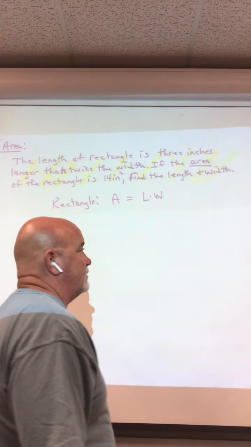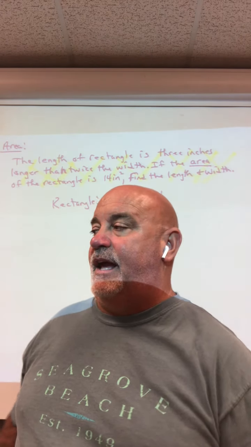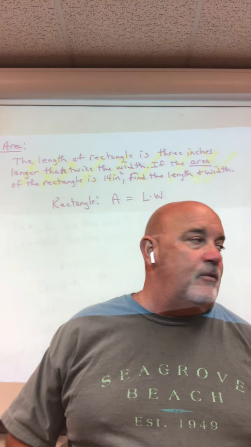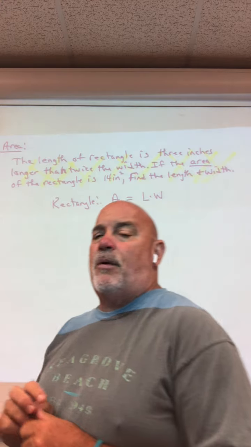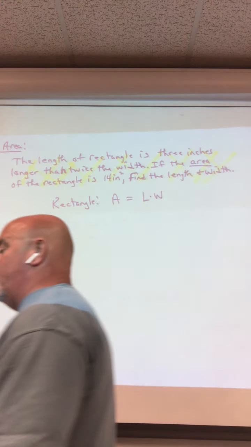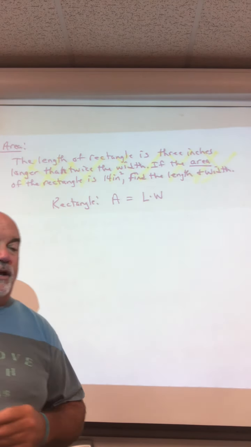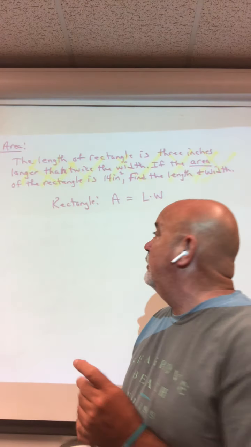All right, so you're asked two questions. When you're asked two questions, how do you pick which one to let x be? I'm going to either let x be the length or let x be the width. Which one? Well, let's read the problem again and see if we know more about one than the other. Remember, if you do know more about one than the other, you let x be the one you know nothing about. So let's see.